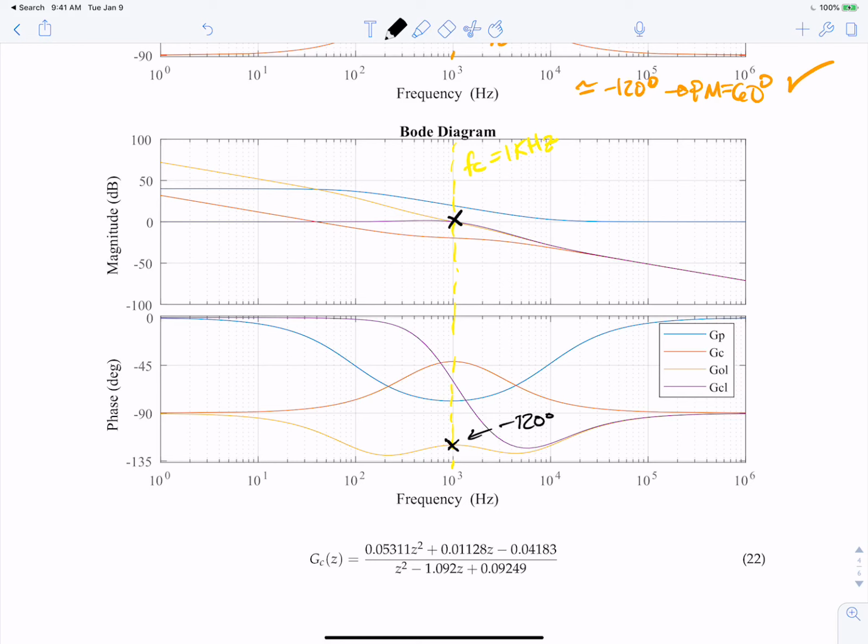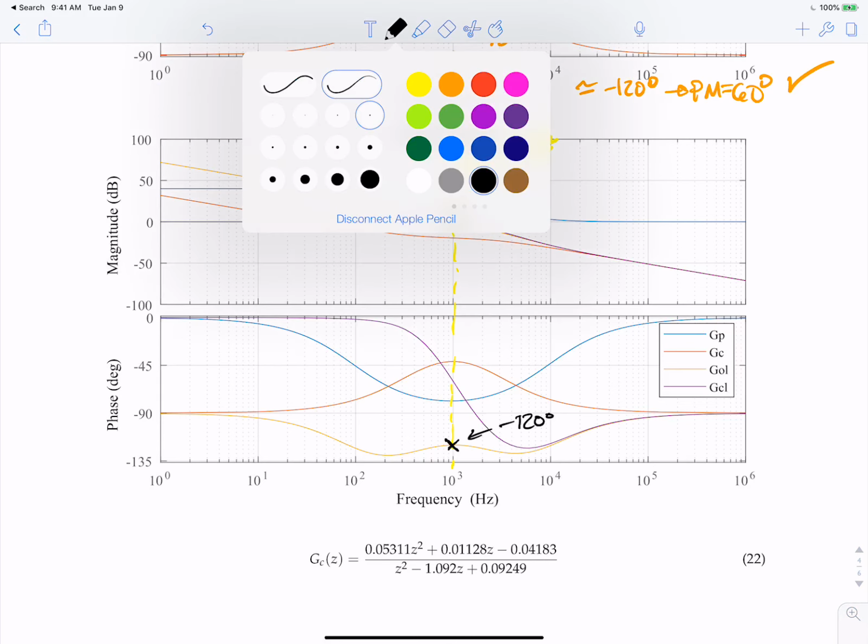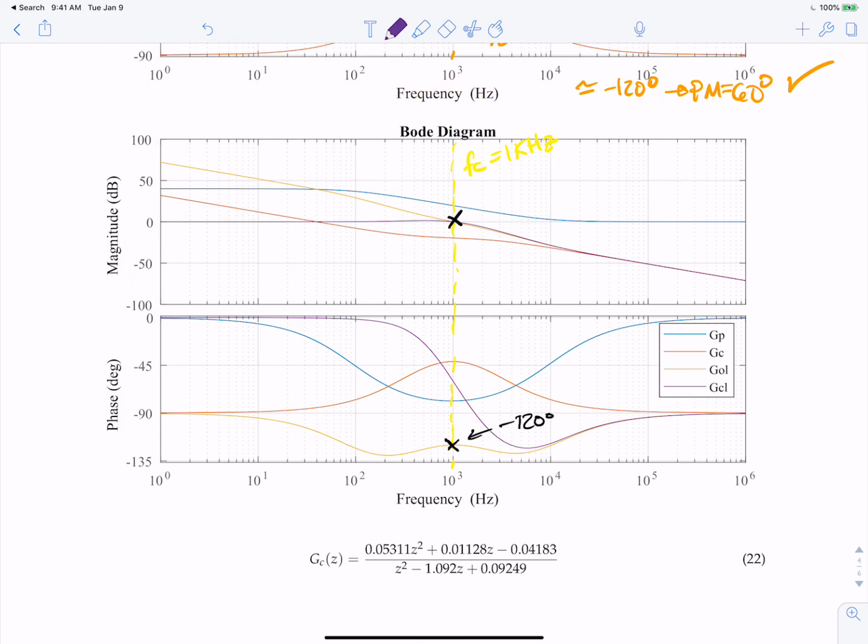That's awesome. The last thing we're going to check is our closed loop response, plotted here in purple. We have a gain of 0 dB, which is a gain of 1, from zero frequency up to 1 kilohertz, and then we roll off like a low-pass filter, which is exactly what we want. It means we'll respond to any reference command between 0 and 1 kilohertz and be able to track. Outside of that, we won't be able to track, since it's a low-pass filter.